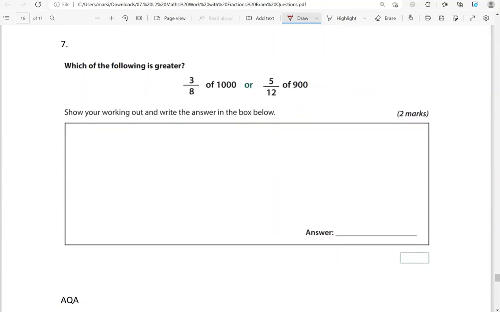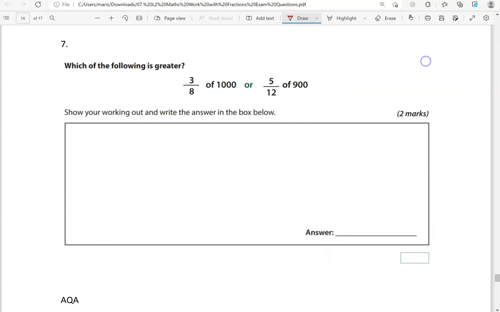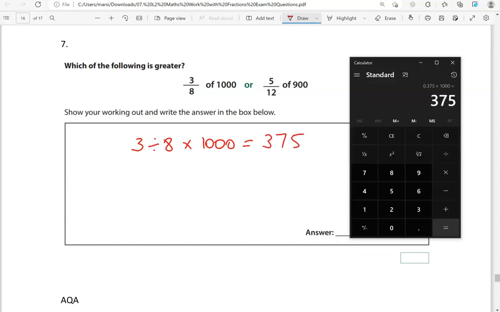Which of the following is greater? 3/8 of 1000 or 5/12 of 900? Show your working out and write the answer in the box below. So 3/8 of 1000, so times 1000 gives us 375. So what I did was 3 divided by 8 times 1000, and that gives us 375.